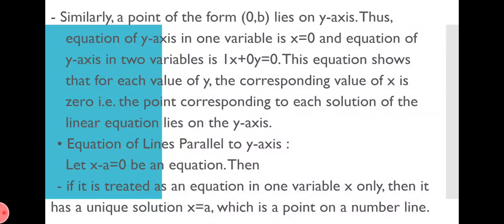We have already learned that a linear equation in one variable has a unique solution, which is a point on a number line, and all such unique solutions can be represented on a number line.